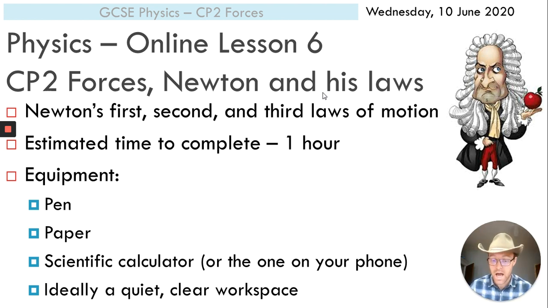Now, I've had a look and we've got about 4 or 5 lessons left to go until the end of term. So, by my calculations, if we do 1 lesson on each topic in paper 1 of physics, then by the end of term we will have covered all of the topics.